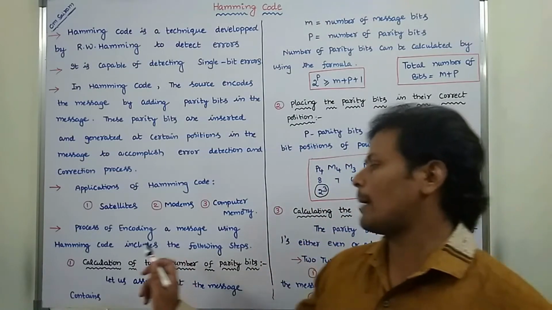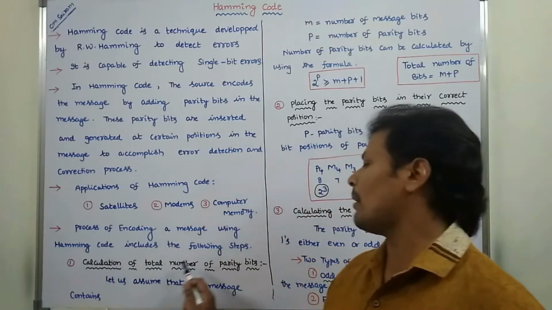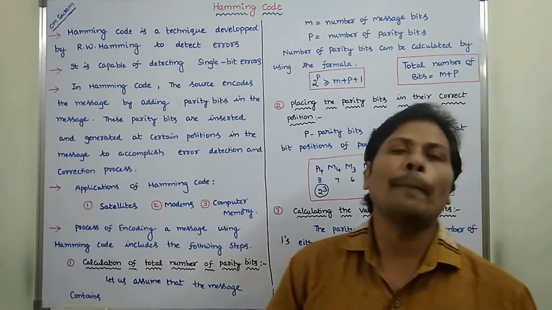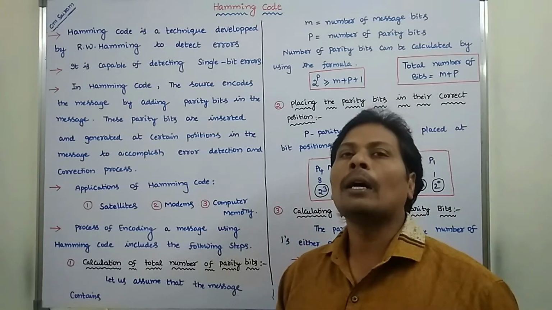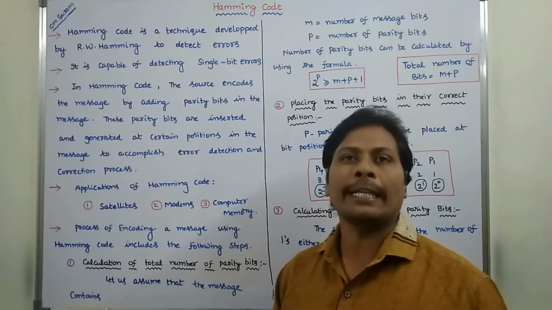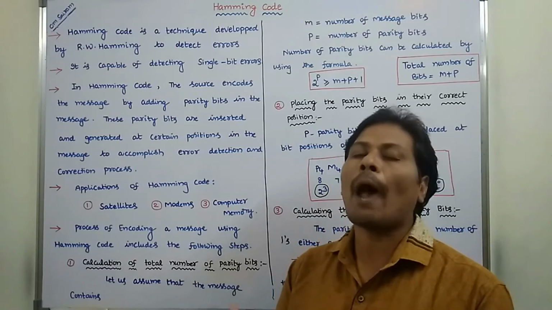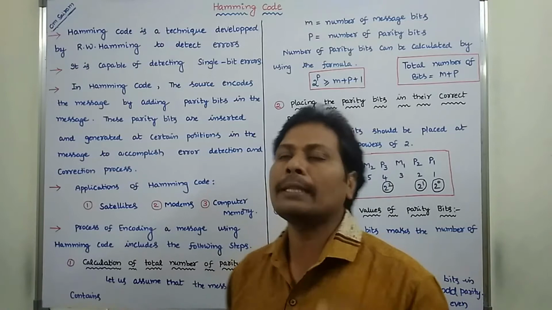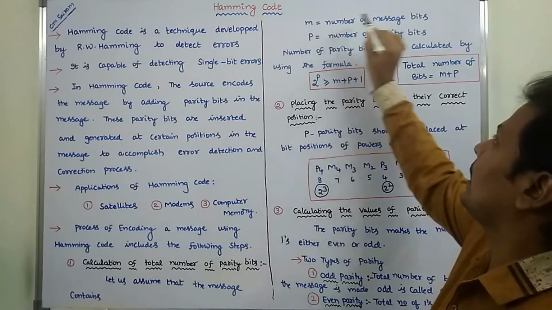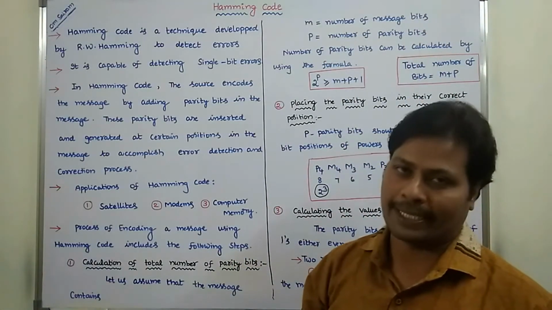The first step is calculation of the total number of parity bits. How to calculate the total number of parity bits that we have to add in a given message when the message contains m message bits.